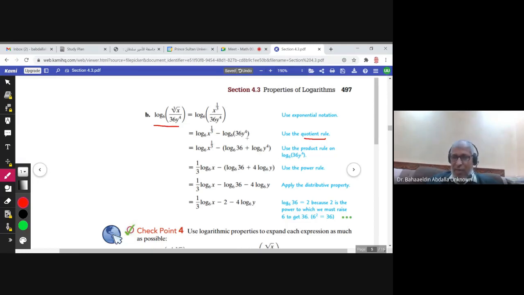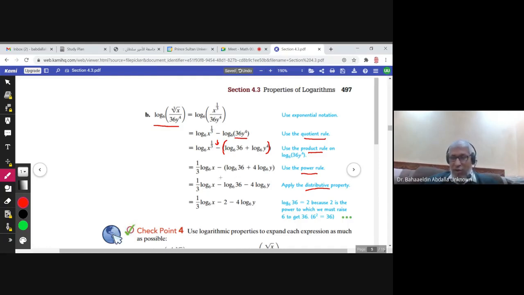Now the second step, we can use the product rule here, because here we have product. So we write it log x to the power 1 over 3 minus, and inside parentheses, log 36y to the power 4 is log 36 plus log y to the power 4. Notice that the minus sign is outside all the parentheses. So now you take 1 over 3 down here and take 4 down using the power rule, and now you distribute the negative sign.